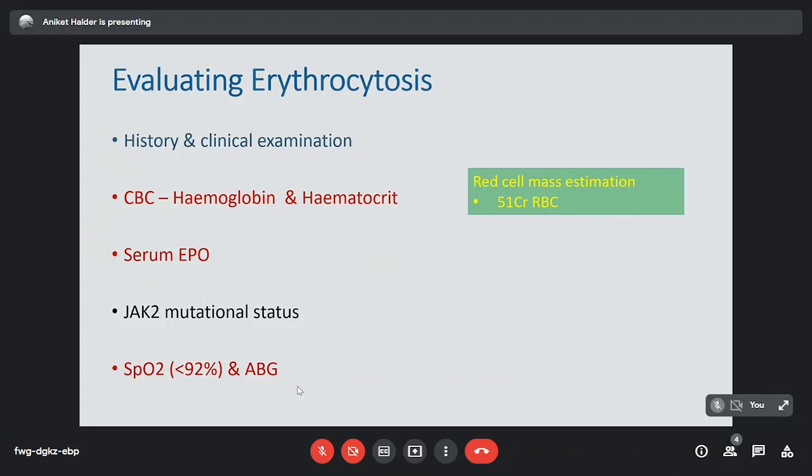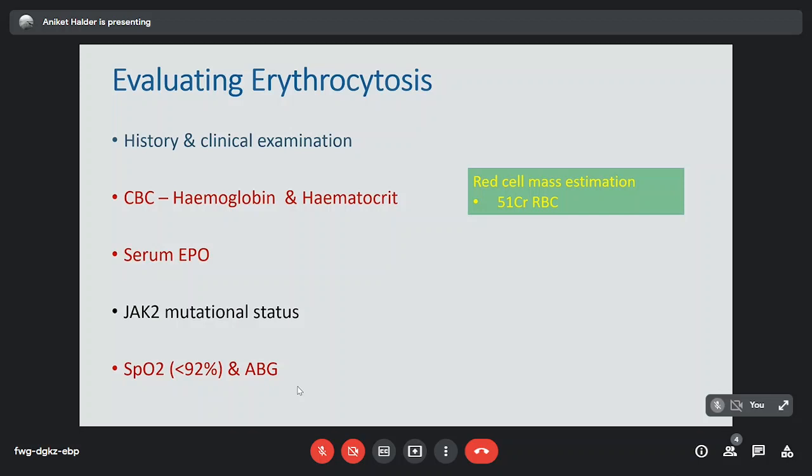Also, proper clinical examination should be done. CBC is the mainstay of diagnosing erythrocytosis, in which there will be increased hemoglobin or increased hematocrit levels. As per the recent WHO criteria of 2016, the hematocrit levels should be more than 49% in cases of male. It should be more than 48% in cases of females.